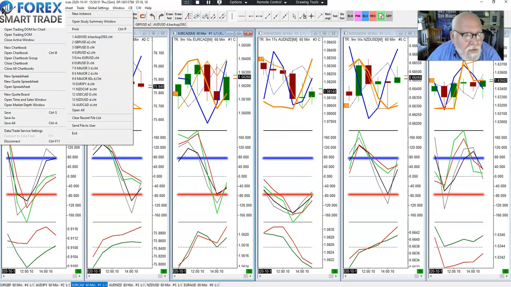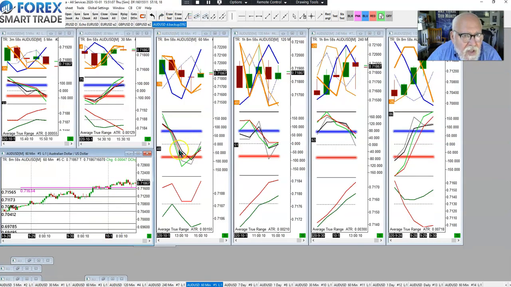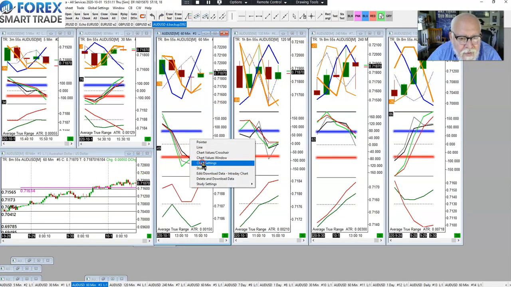Let's see if we've used that recently. Euro Canadian, Euro Canadian. We haven't used that recently. So what I'm going to do is, I've got this AUD USD chart open. I'm just going to change it to Euro Canadian.